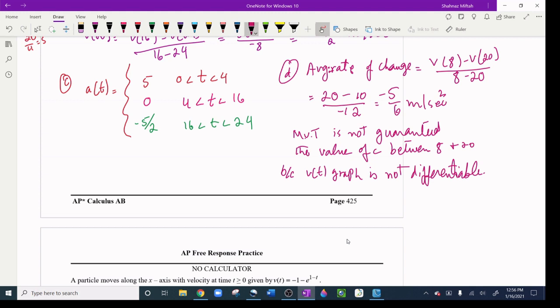There you go. So we cannot find a V prime C such that V prime C is equal to negative 5 over 6, where tangent slope equals secant slope. So that's for this question.